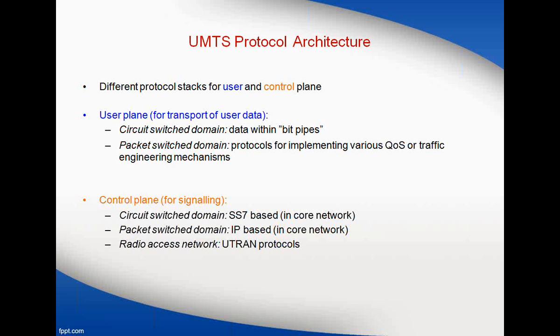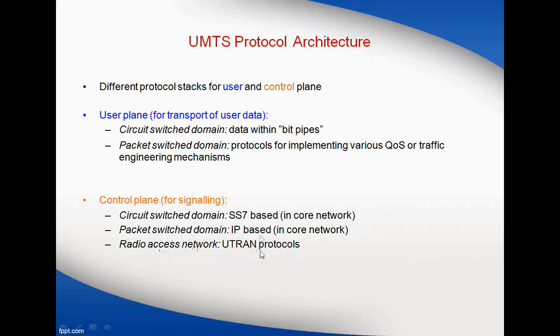In the control plane you take care of only the signaling, how the signaling is established and how the OPCs and DPCs are routed. For the circuit switched domain it is SS7 based, just as in a normal GSM network, the same way we have SS7 based in the core network. And for the PS domain we have IP based.